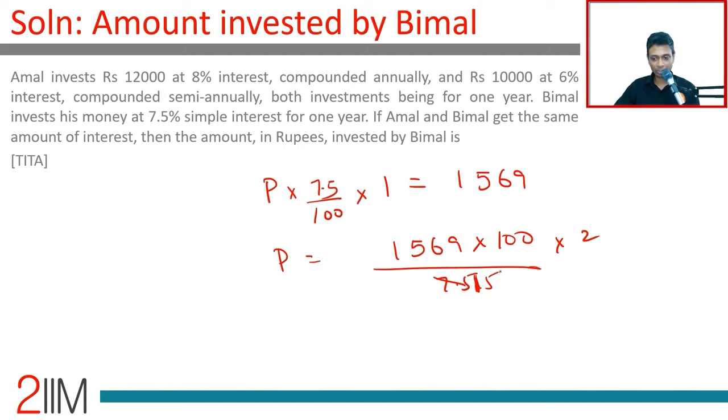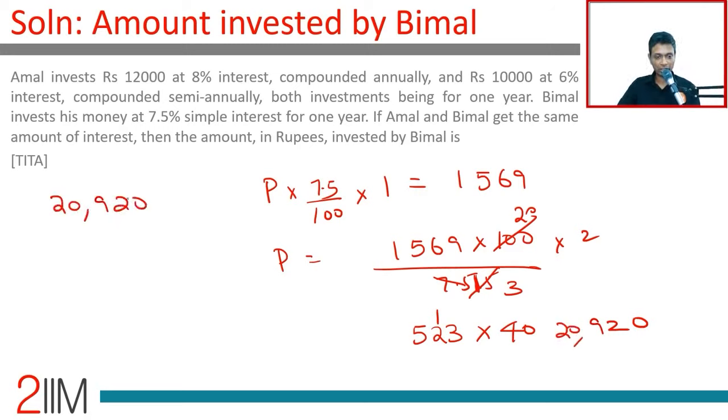Cancelling a 5 will make it 20. This will be 3. This is 1569 by 3, 523 into 40. That will be the principal Bimal should have invested. 4 3s are 12, 2 1. 4 2s are 8, 8 plus 1 9. 4 5s are 20. He should have invested rupees 20,920. Simple brute force formula.